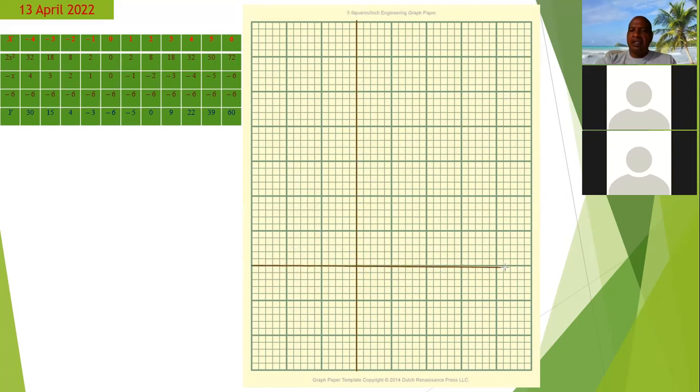So if we put our x-axis around here, that will give us enough space above to go up to 60 and enough space below to go down to -20.